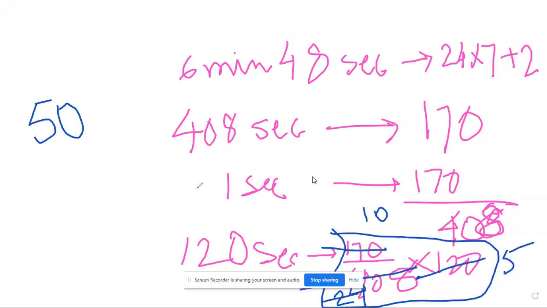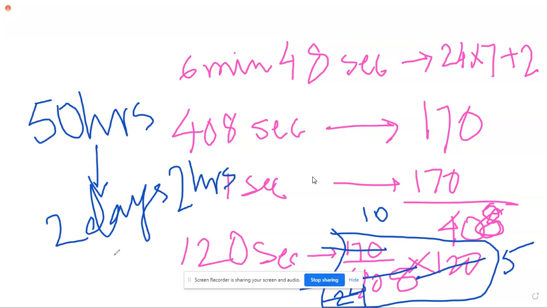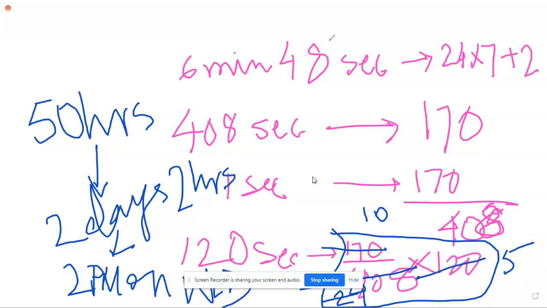Just imagine noon of Monday, 2 days, noon of Wednesday, and 2 hours, 2 p.m. on Wednesday. Students, are you following the logic? It covers an additional 6 minutes 48 seconds in 170 hours. It has to cover an additional 120 seconds. Your favorite, my favorite, our favorite unitary method.